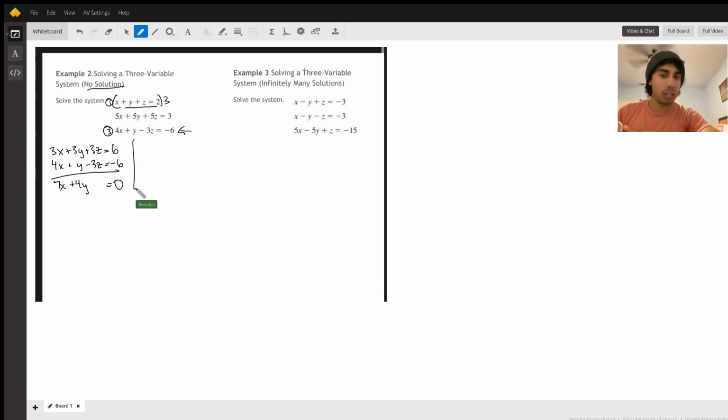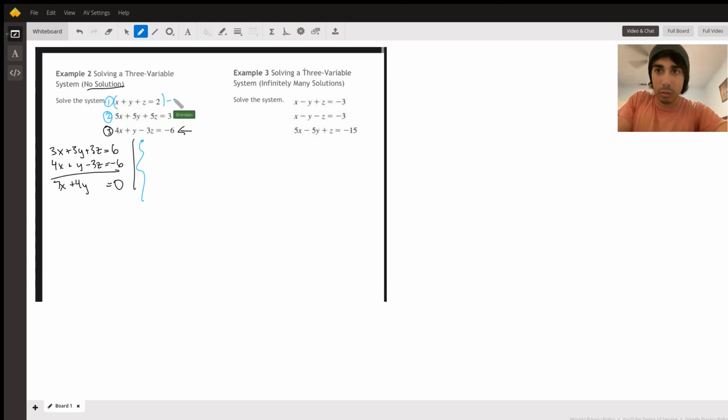All right, so we need to do some other combination of our original equations, and we have to get rid of z. This time I'm going to use equation 1 along with equation 2. To eliminate z, I'm going to have to multiply equation 1 by negative 5.